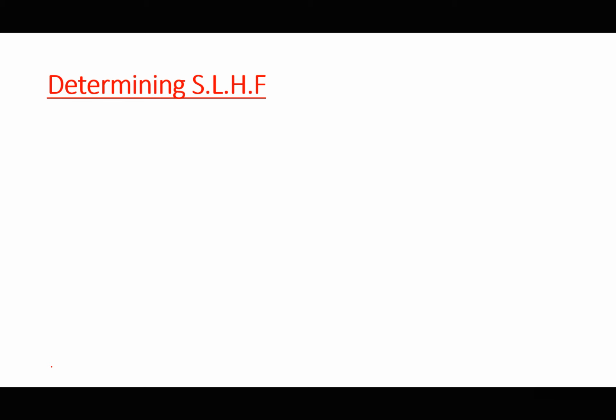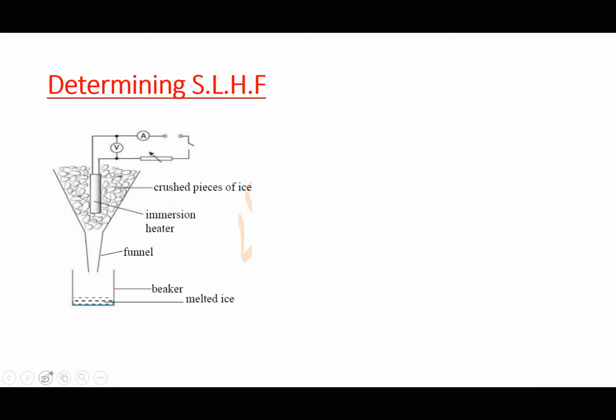Remember the temperature will not change, so we don't need a thermometer in this experiment. So we shall simply use ice to come up with a simple way of determining the specific latent heat of fusion, because ice is easy and accessible to everyone. So we can use ice to describe a simple experiment for determining the specific latent heat of fusion. So in this experiment, we shall need such a simple setup.